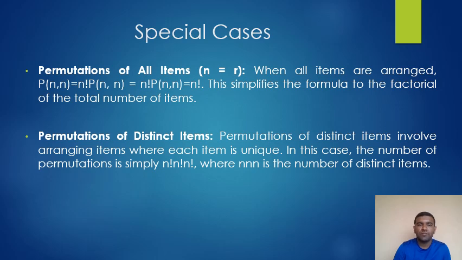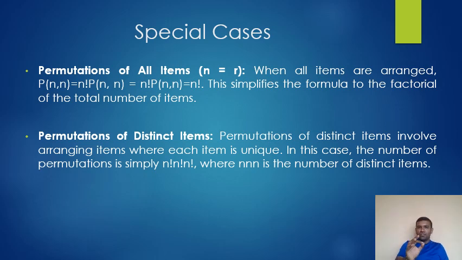Permutations of distinct items. Permutations of distinct items involve arranging items where each item is unique. In this case, the number of permutations is simply n factorial, where n is the number of distinct items.